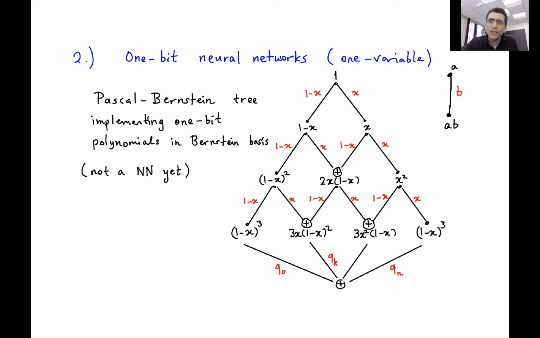So now what we need to do is convert this into a neural network that uses nothing but coefficients plus or minus 1. So far, the plus or minus 1s are at the bottom layer. But we also have multiplication by x.